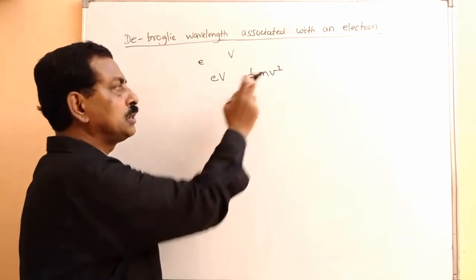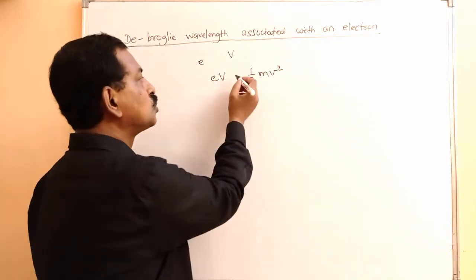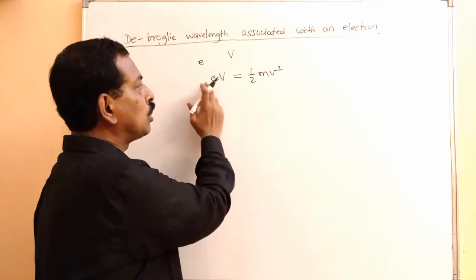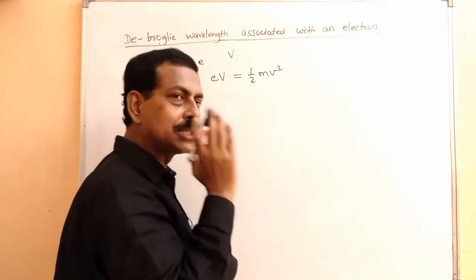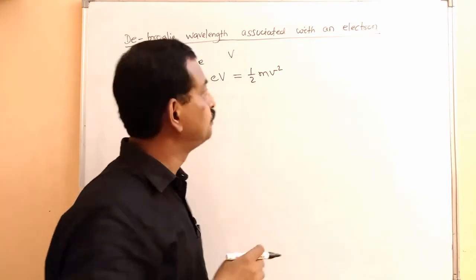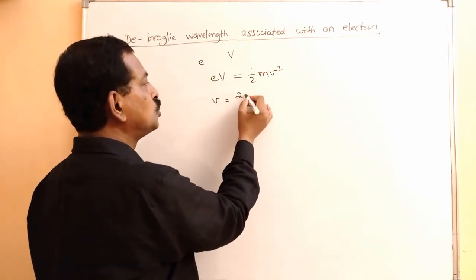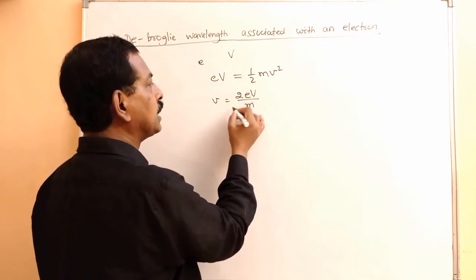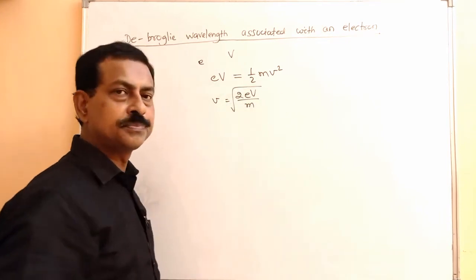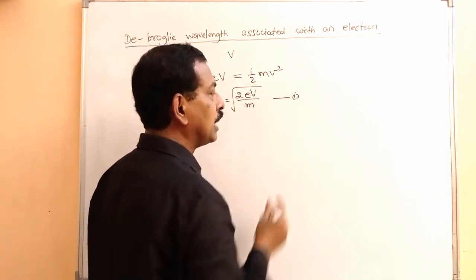This v we are using for the velocity of the electron. So these two will be equal, because whatever energy is gained by the electron appears in the form of its kinetic energy. So we can write v equals root over 2eV by m. This is the expression for the velocity of the electron.